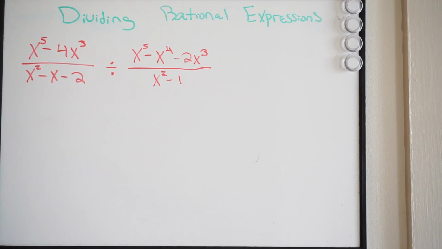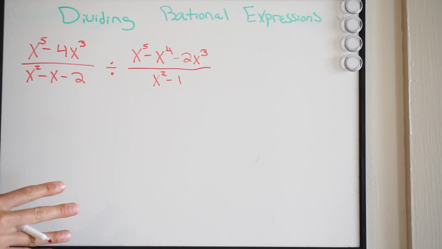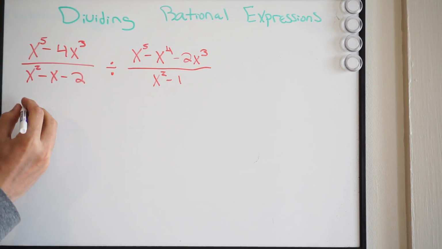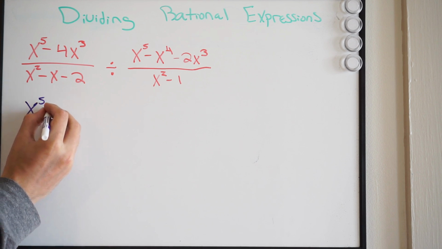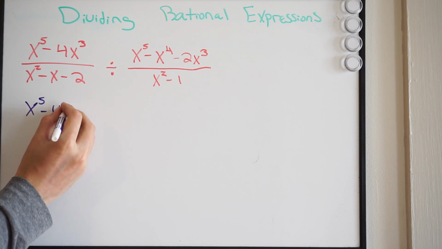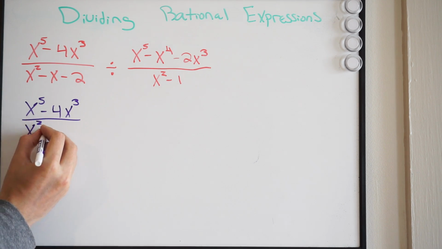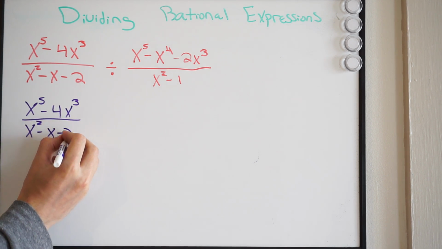Okay, so a fairly big problem here, but again, if you follow your steps, you'll be fine, right? So don't get overwhelmed by this, just follow your steps. So again, first step, keep, change, flip, because we're doing division here. So we're going to keep the first one. Let's go ahead and rewrite the first one, change it to multiplication, and then flip. So we'll have x to the fifth minus 4x to the third all over x squared minus x minus 2.